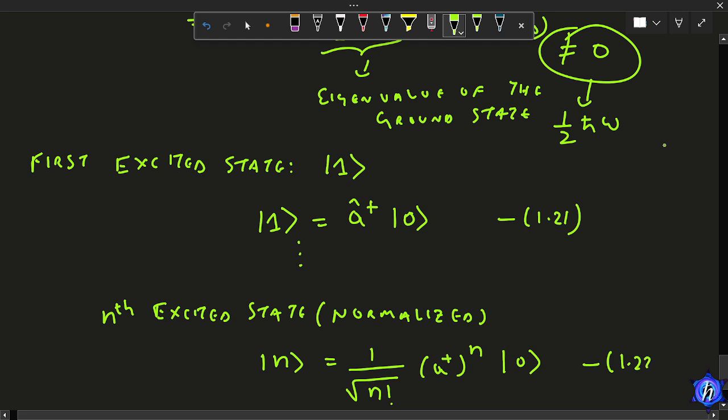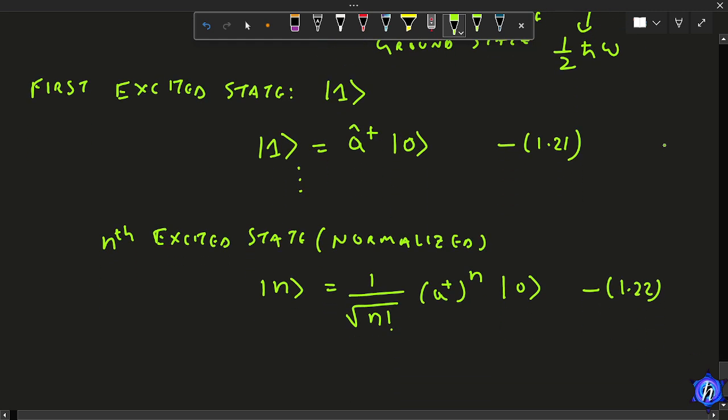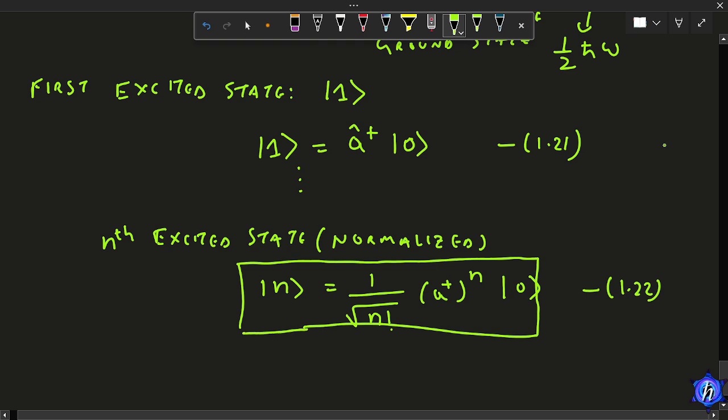So this is equation 1.22. I messed it up here, but I hope you understand. So this equation gives us the nth state.